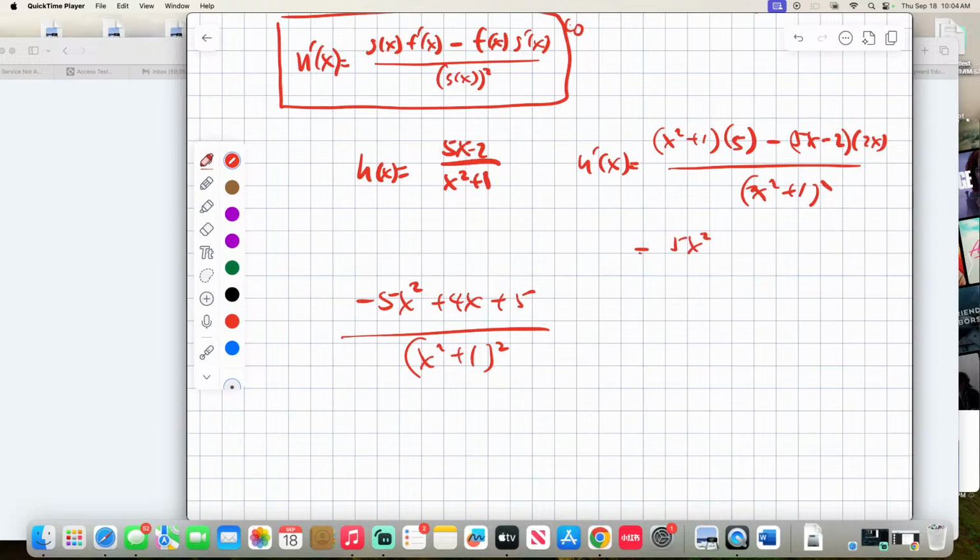So that's gonna be 5x squared plus 5 minus 10x. You can distribute it up, plus 4x. Wait, hold on a second. Minus 10x squared.